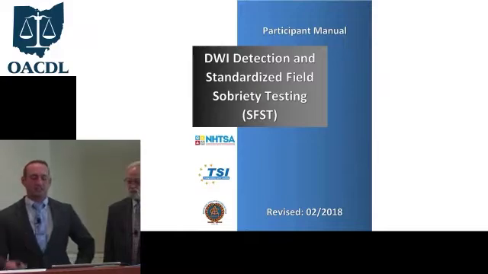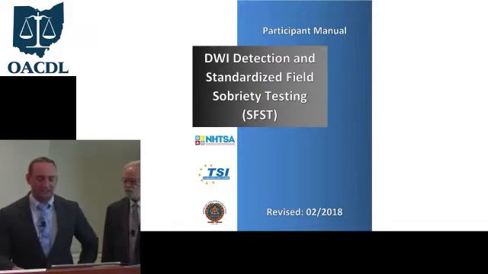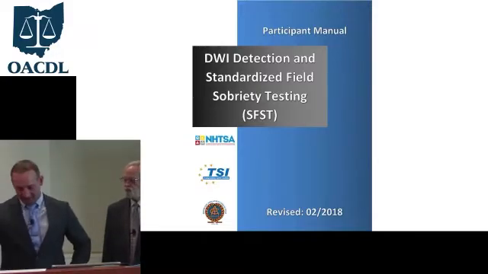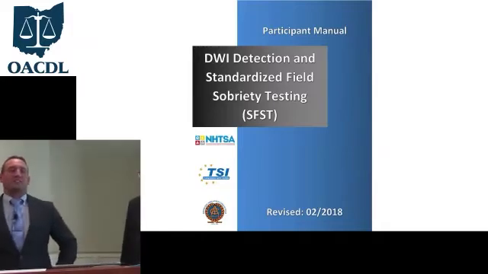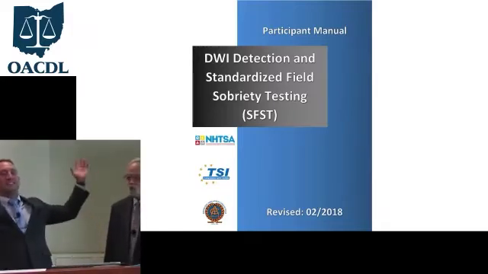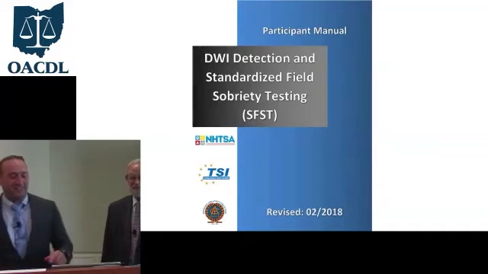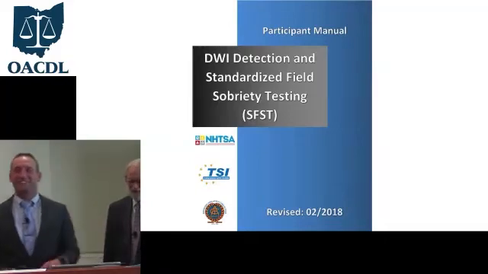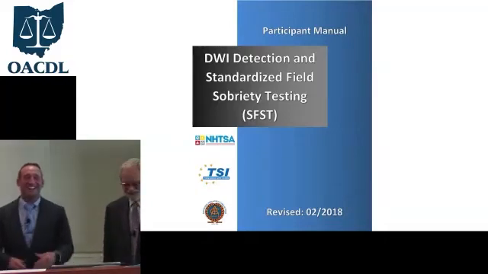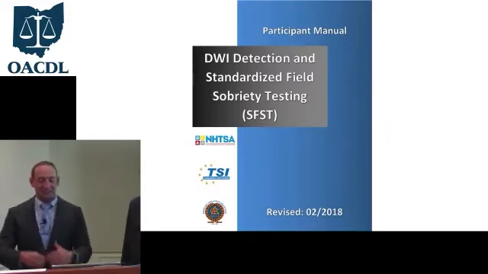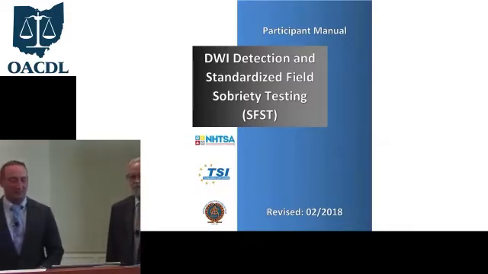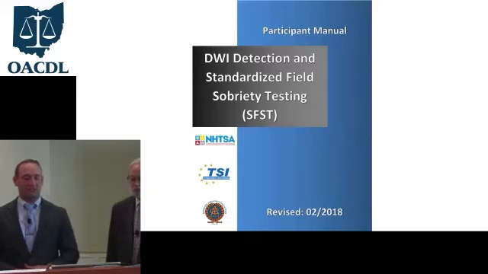And the judge let me go through the whole bit. I get to the end and the officer says, isn't it true that it has little or no evidentiary value? Judge stops the hearing, throws his hands up, and says, why do we even do these tests? I said, I don't know, Judge. And I ended up losing the hearing anyway. But we got it in, and that's on the record, and they know that it's going to come back to bite them when we actually get going to trial.